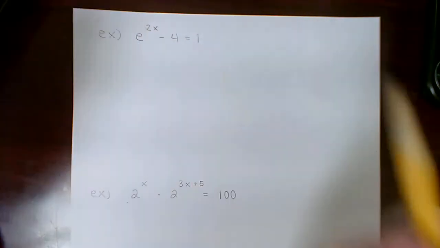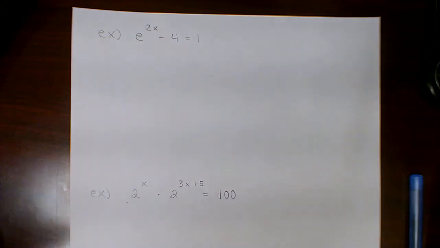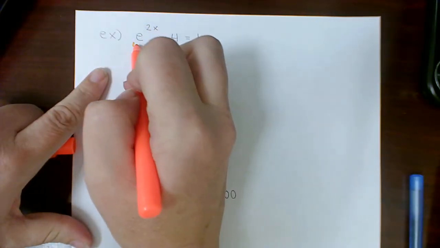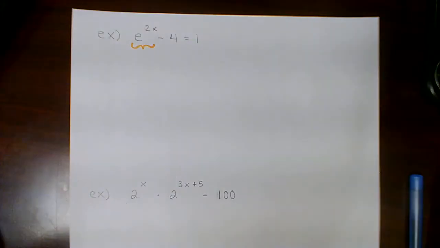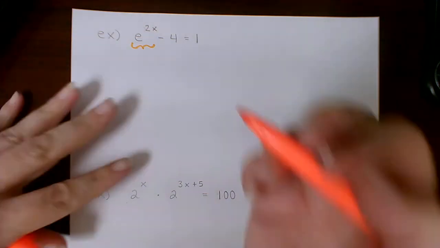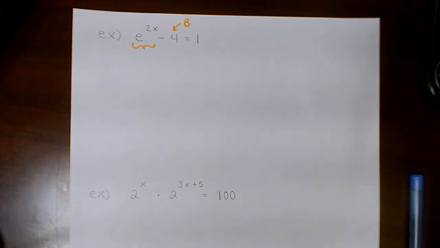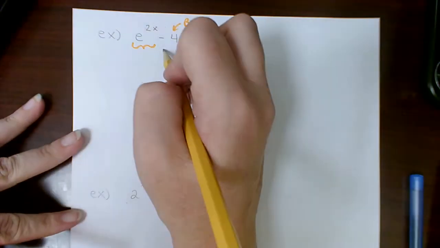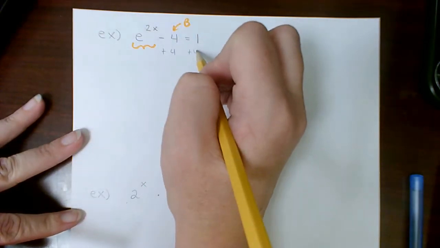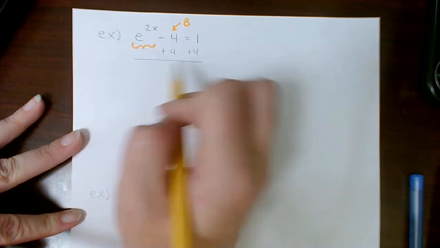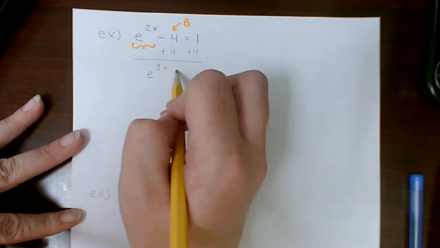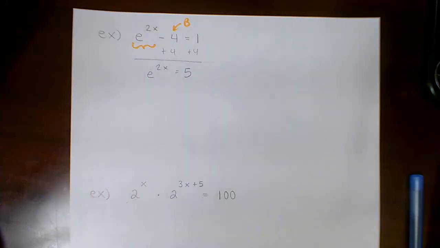Okay, again, starting over. I'm going to find my exponential, which is right here. The -4 is not part of the exponential, therefore it is a behind number. To get rid of the behind number, I will add 4 to both sides. That will give me a 5.